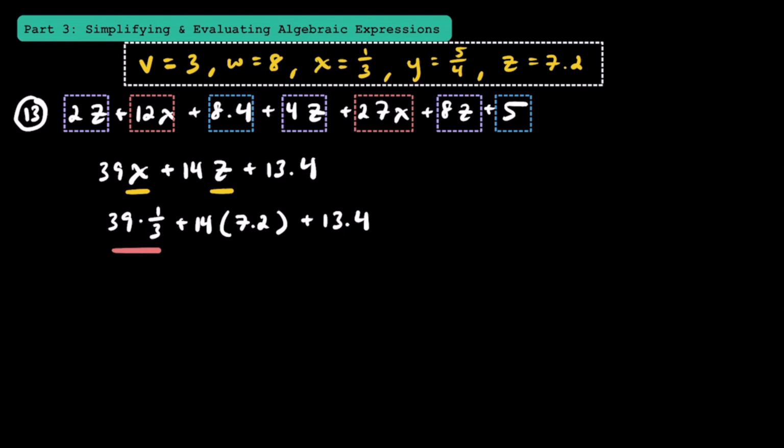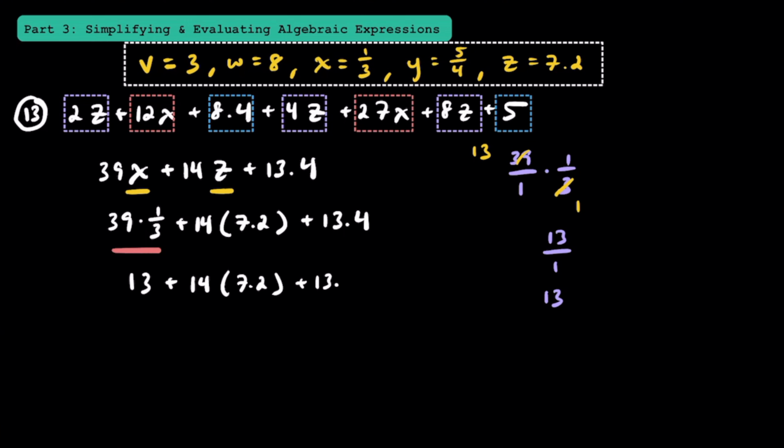Multiplying 39 by 1/3, we can rewrite 39 as 39 over 1, multiplied by 1/3. The 3 and 39 are going to cross-cancel to make 1 and 13. 13 times 1 is 13, and 1 times 1 is 1, and this simplifies down to just 13 wholes. 39 times 1/3, or 1/3 of 39, is equal to 13, plus 14 times 7.2, plus 13.4.